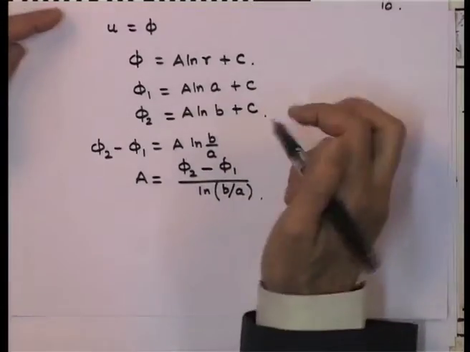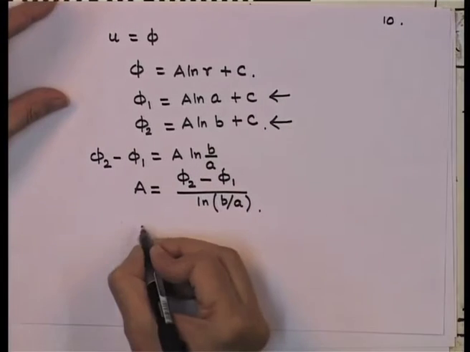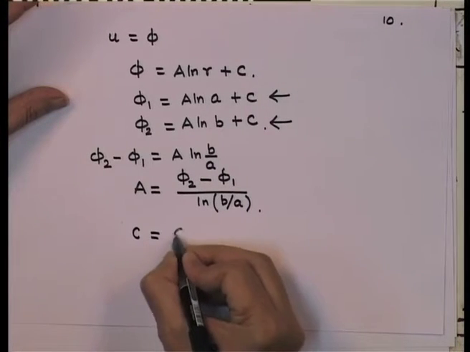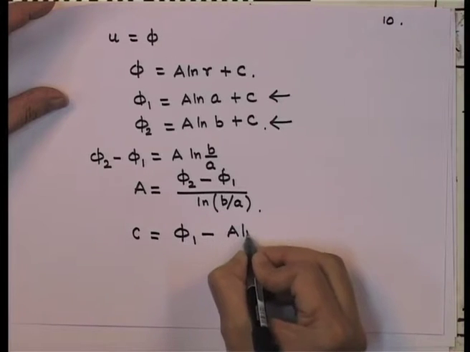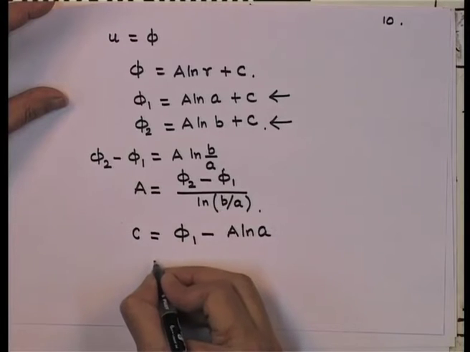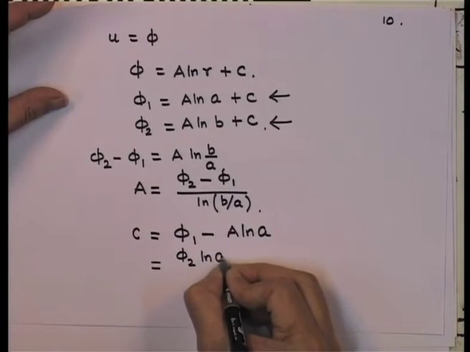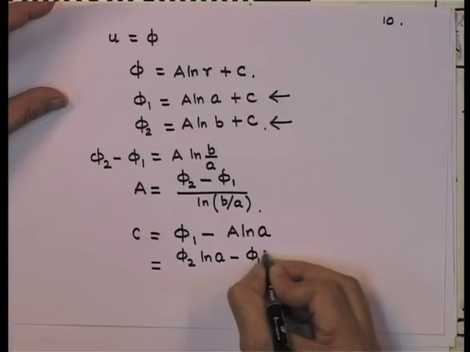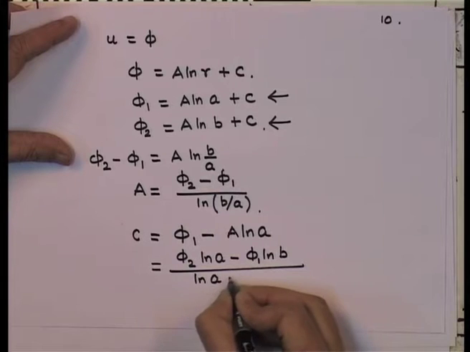Now, I can use any one of these expressions to determine c. For example, c is phi 1 minus a log a. So, put this back there and you can show that this becomes phi 2 log a minus phi 1 log b divided by log a minus log b.